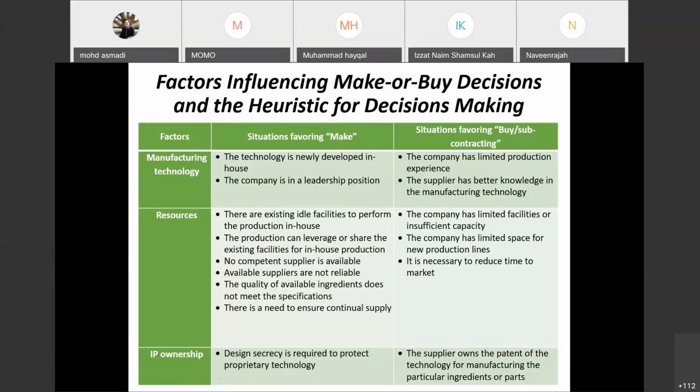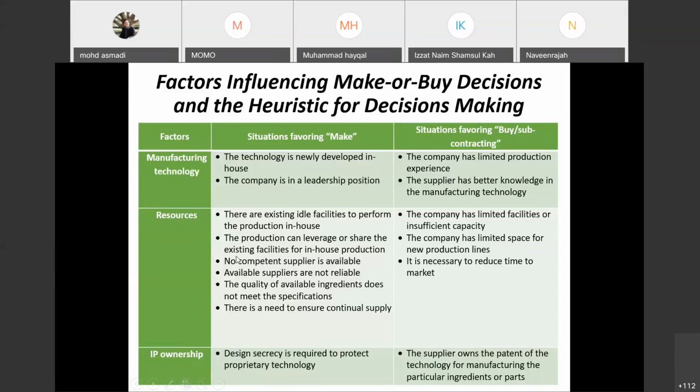But if the situation favors your company, or make decisions, the technology is newly developed in-house, or the company is in a leadership position, or you need a special formulation or design that offers a unique competitive advantage in the marketplace.